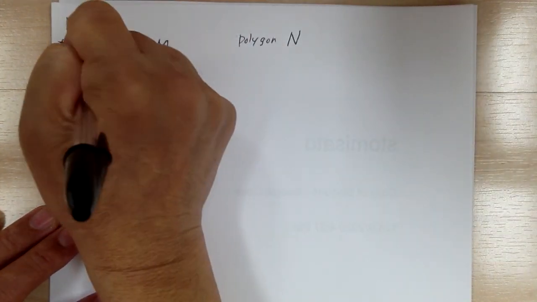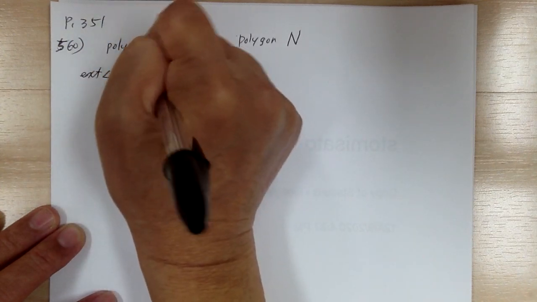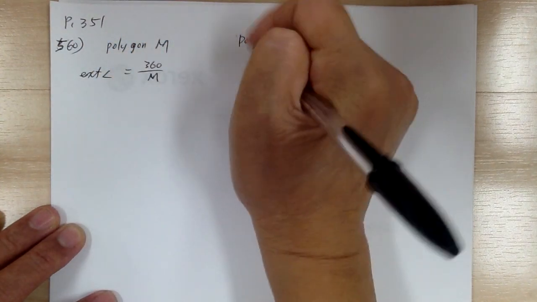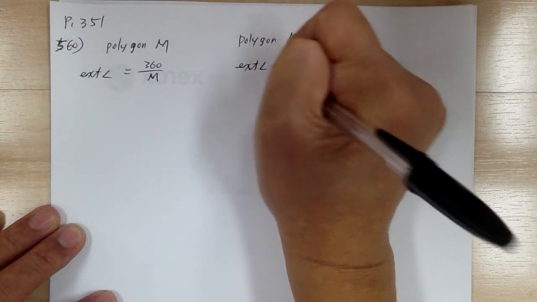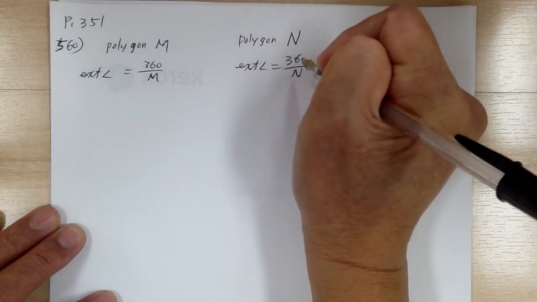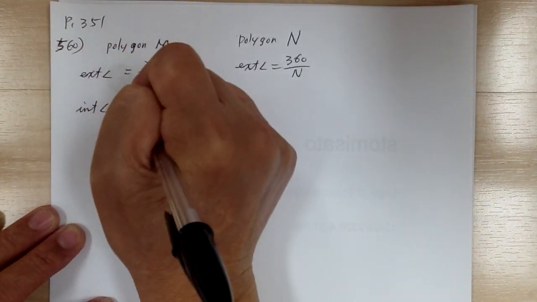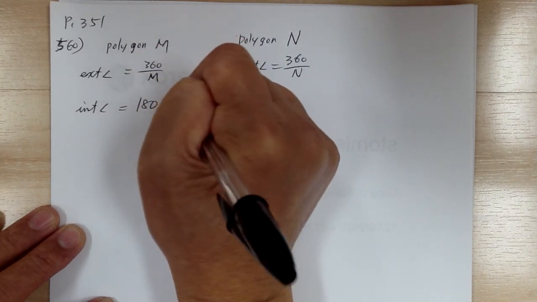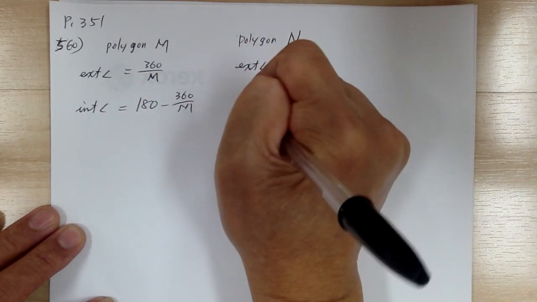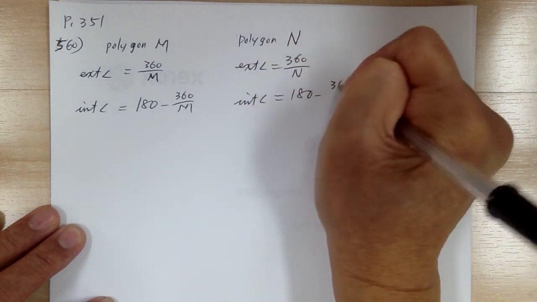Okay, so the exterior angle will equal 360 divided by M, and the exterior angle for this one would be 360 divided by N, right? So the interior angle would be equal to 180 minus that.